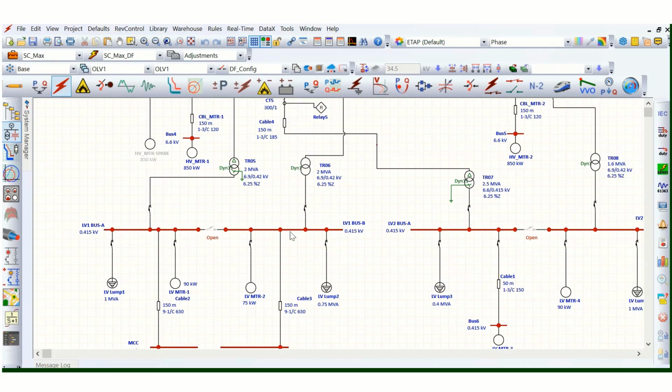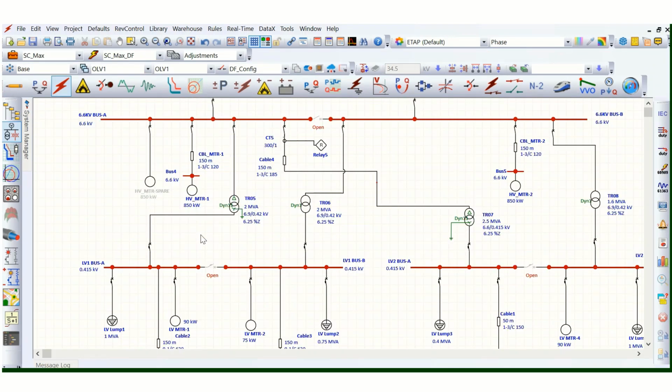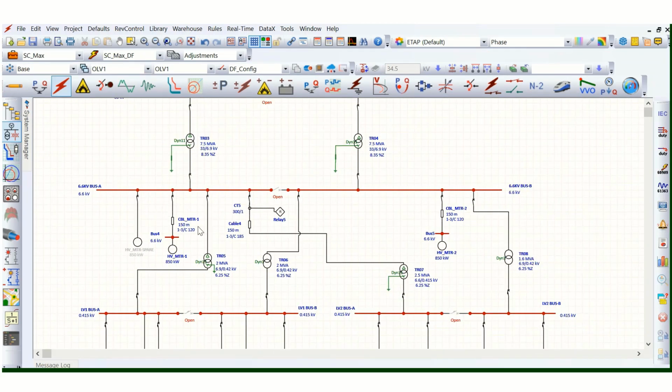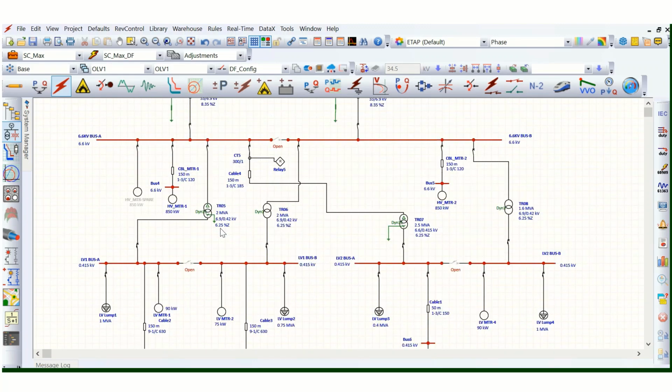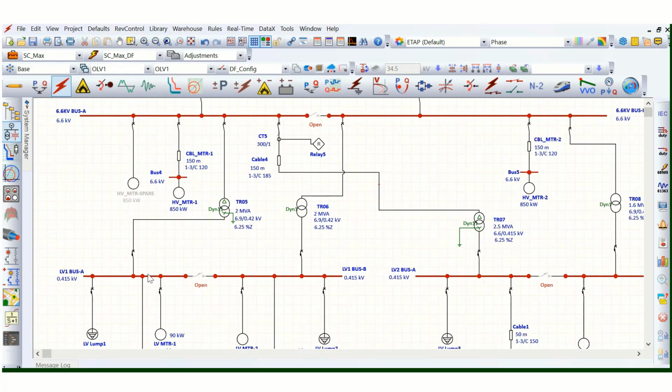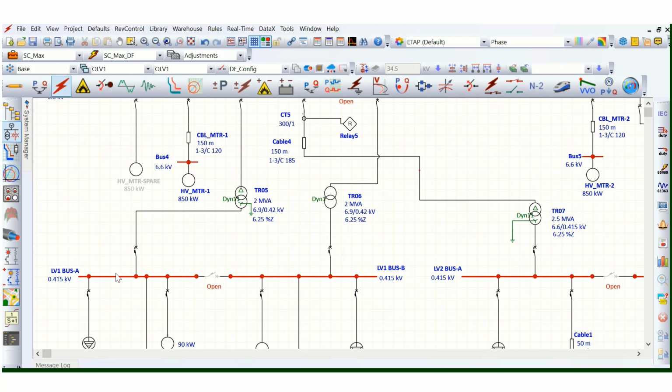So these are the brief, and also I have shown with the help of this simulation software. So the main thing we need to keep in mind whenever we are talking about the grounding system, the LV system should be solidly grounded.